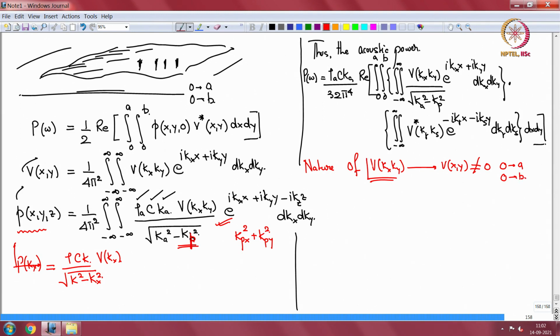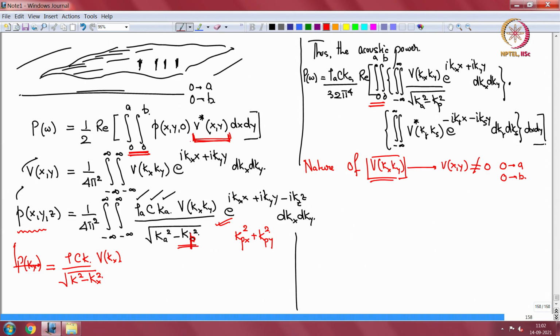Such is the nature of V(kx, ky). And therefore this spatial integral over 0 to a, 0 to b can be replaced with an infinite integral, because this V(x,y) is 0 outside anyway.